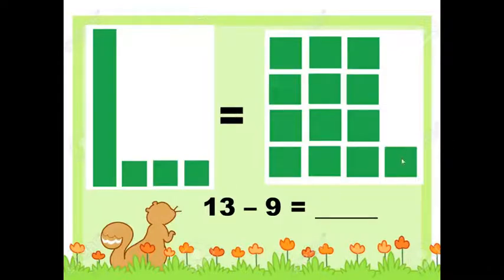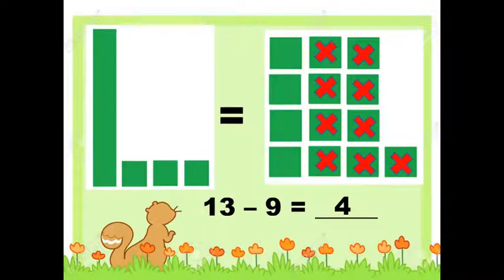Let's count. 1, 2, 3, 4, 5, 6, 7, 8, 9. Now, how many place value blocks are remaining? Let's count. 1, 2, 3, 4. So we can see that 13 minus 9 is equal to 4.